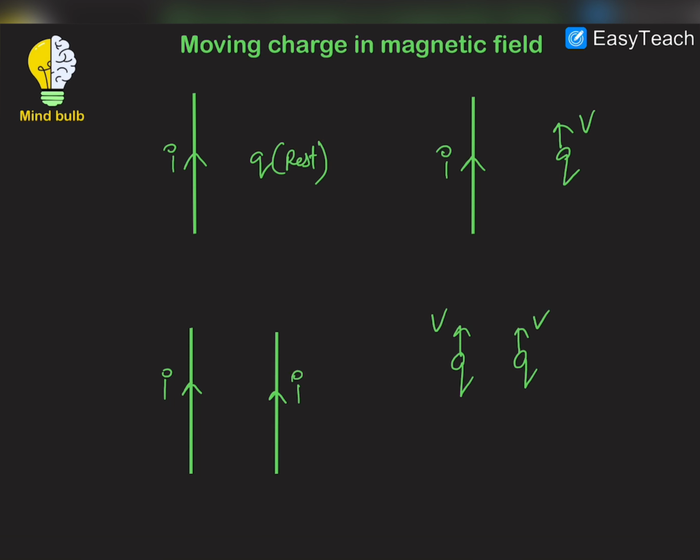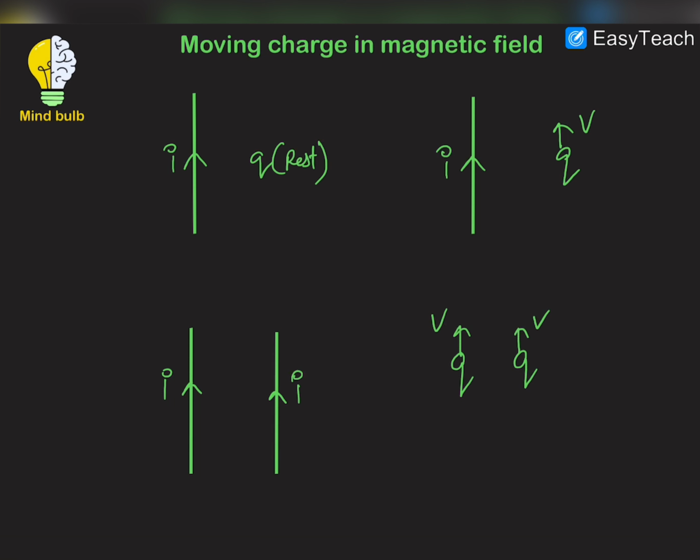A charge at rest will not produce a magnetic field, and there should be at least two different fields to produce a force: at least two different electric fields to produce electric force, and similarly at least two different magnetic fields to produce magnetic force.